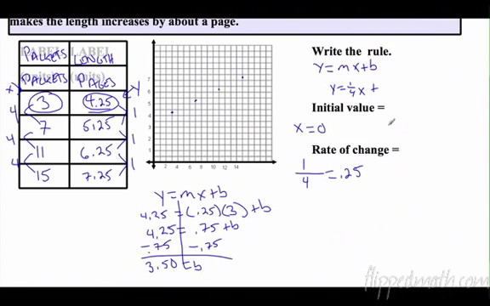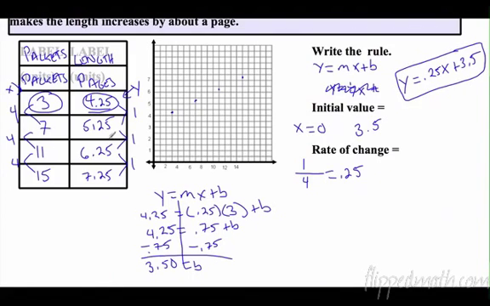So now we know our initial value. Our initial value is 3.5 pages. So our equation is y equals 0.25x plus 3.5. We used our points, what we knew, and our rate of change, what we knew, to find what we didn't know, which was our y-intercept.